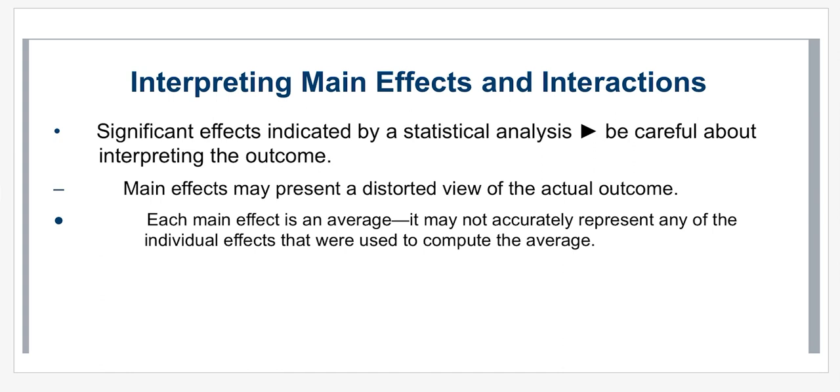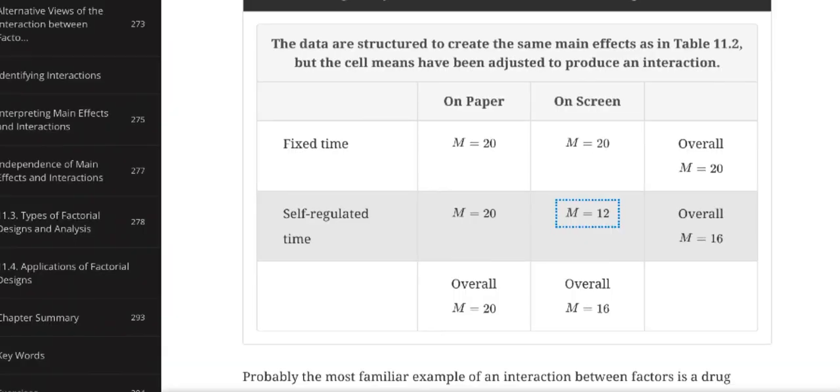Because each main effect is an average, it may not be an accurate representation of the individual effects that were happening, again, because of an interaction, right? And so you need to be careful about saying this variable is affecting this variable definitively, especially if there's an interaction, because it may not be that simple.